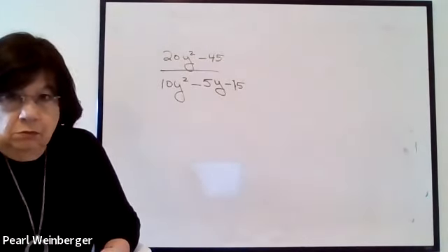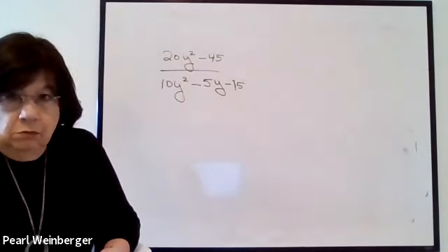I can even go further with that because I see that now what's inside my parentheses is a binomial where the first term is a perfect square, it's 2y times 2y, and the second term is 3 times 3.